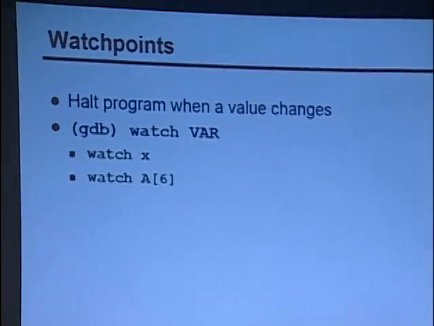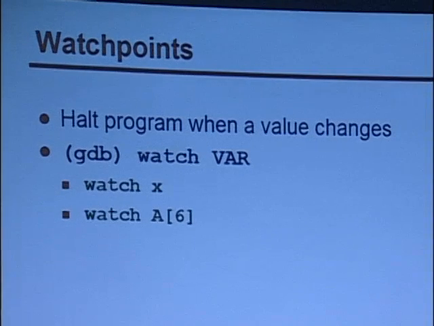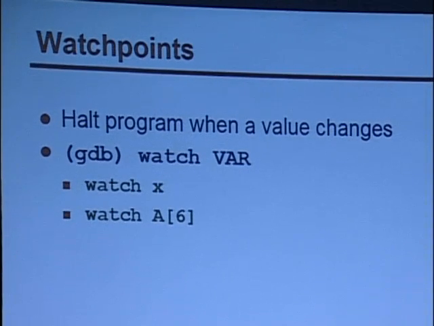In addition to breaking, you can also set a watch point. What this does is it will halt your program every time a particular value changes. And this is useful for tracking down certain kinds of bugs. If you're trying to figure out where a certain value for a variable came from, there could potentially be many, many places in your program where that value is set.